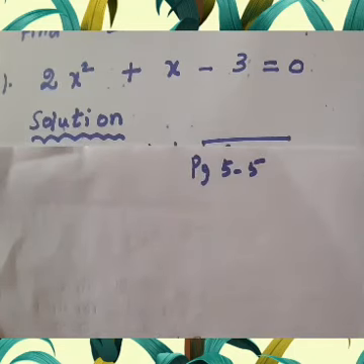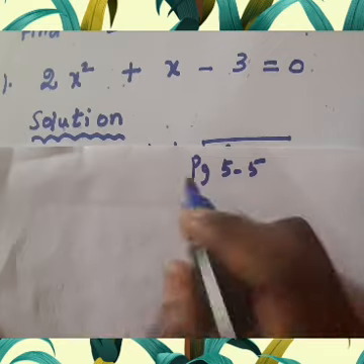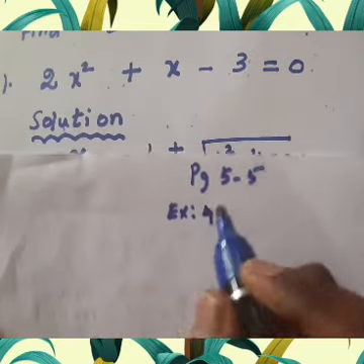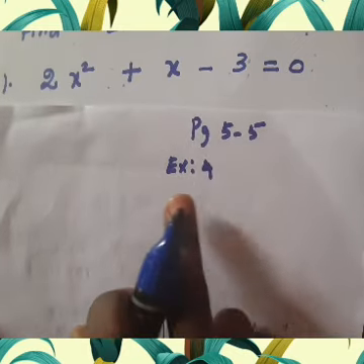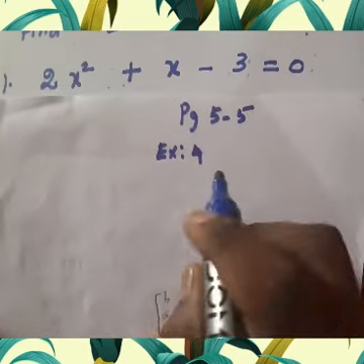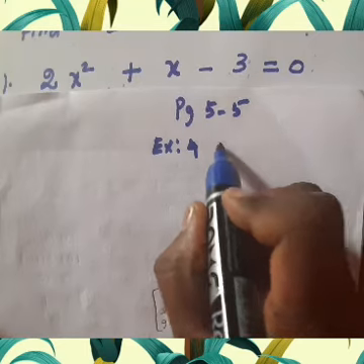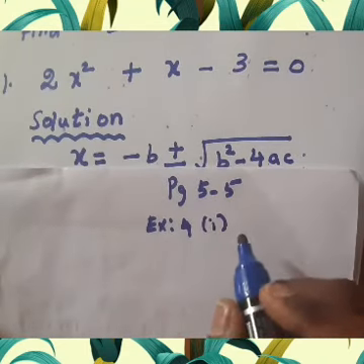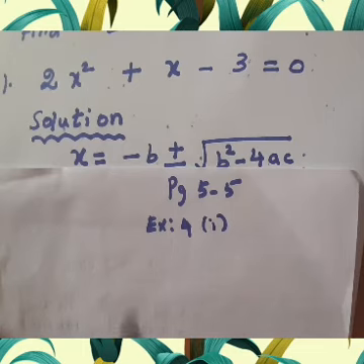You can take page number 55. You can solve example 4. It's example 4, not exercise 4. Example 4: you can do the fourth problem, subdivision 1, and then subdivision 4.